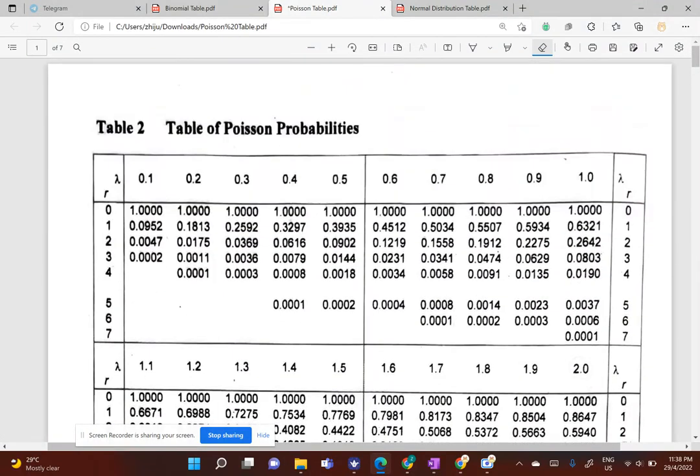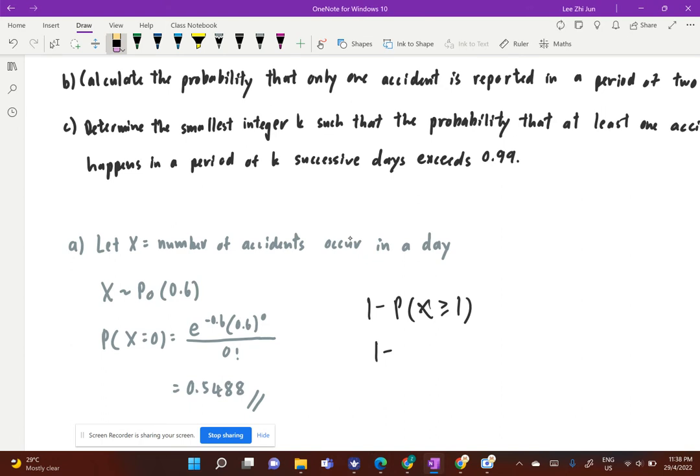Got 0.4512. Sure. 0.4512. 1 minus 0.4512, so I will get, yeah, right, 0.5488.